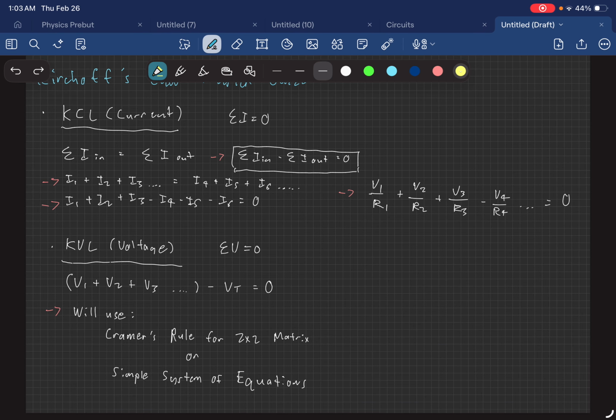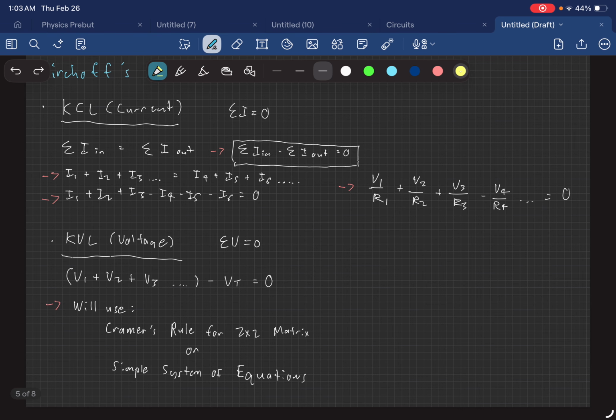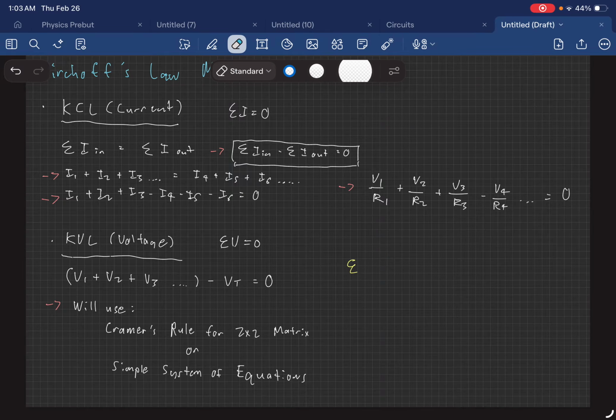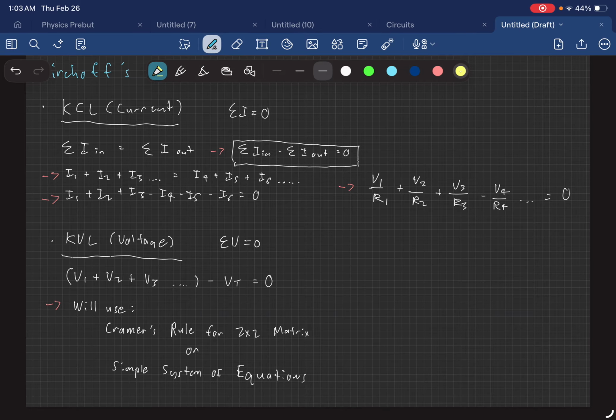Basically, the voltage across the whole circuit is equal to 0. Remember in circuits, like a series circuit, the summation of the voltages will be equal to the voltage total. So it looks like this, right?